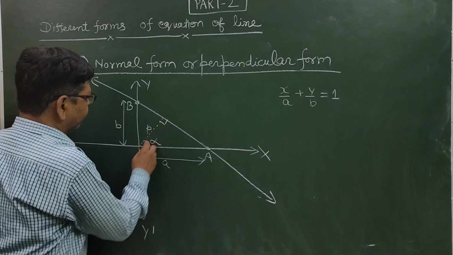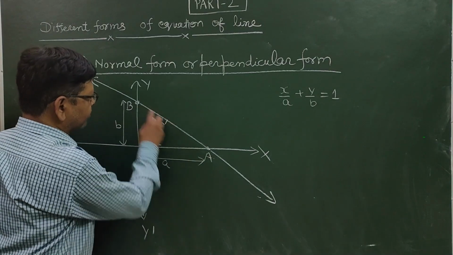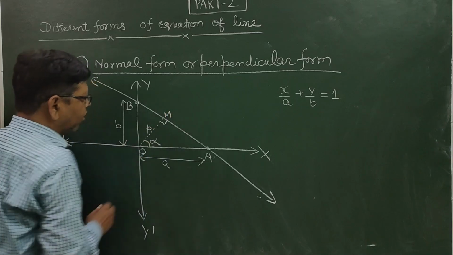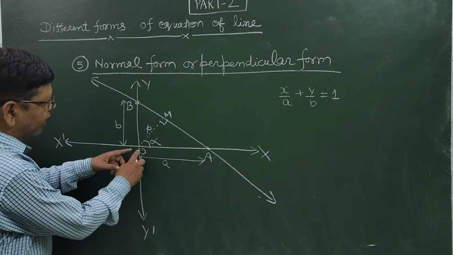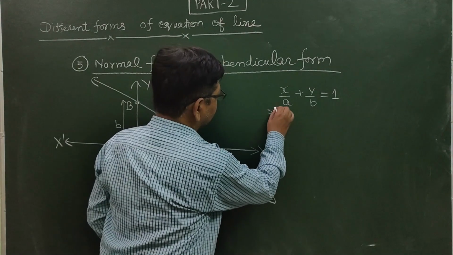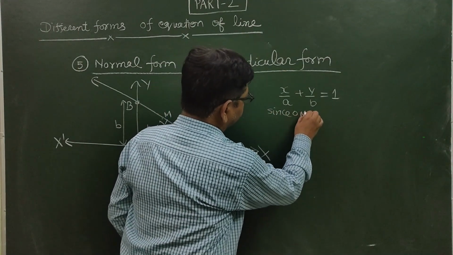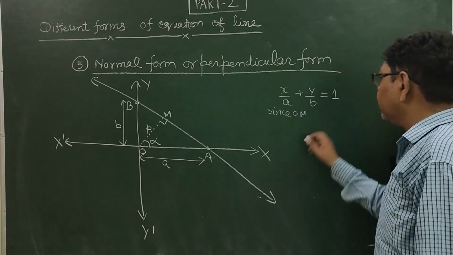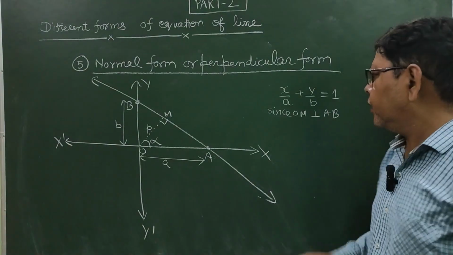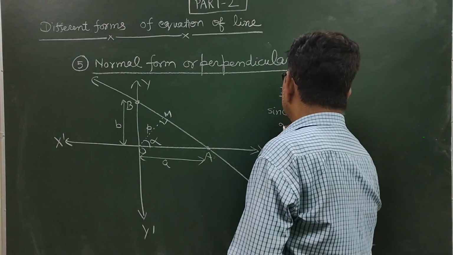Let the point where the perpendicular cuts the line through A and B be M. Now let us consider the right triangle OMA. Since OM is perpendicular to AB, there is a right triangle OMA.